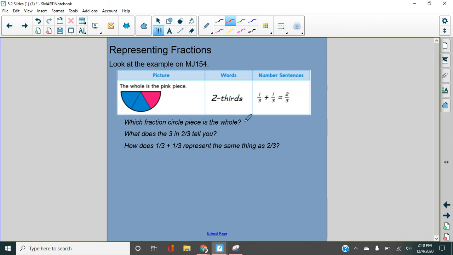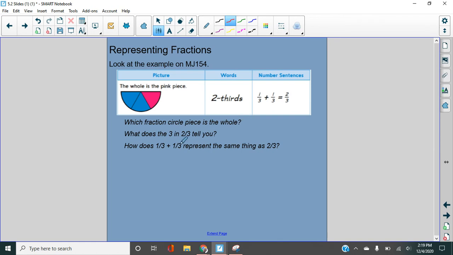Okay, so let's cover these questions real quick. Which fraction circle was the whole in our example? The pink piece, right? What is the 3 in the word two thirds? In this 2/3, what is the 3? Okay, it is the denominator. It is the total number of pieces, not just the blue pieces, but all the pieces.